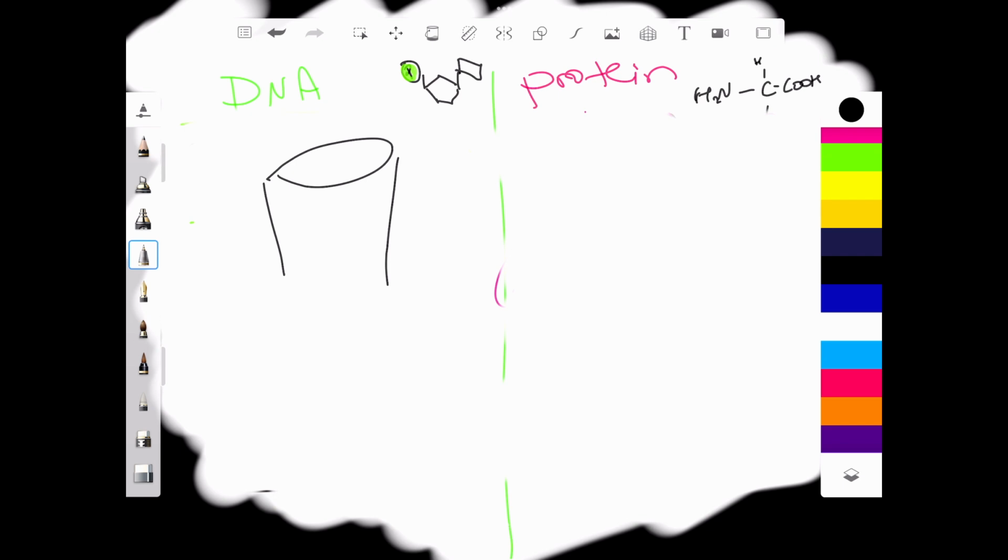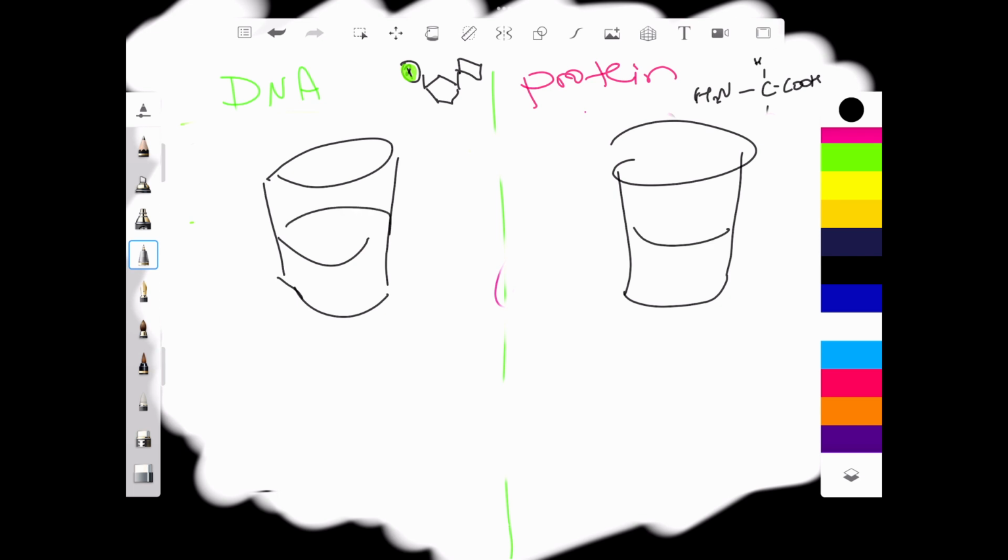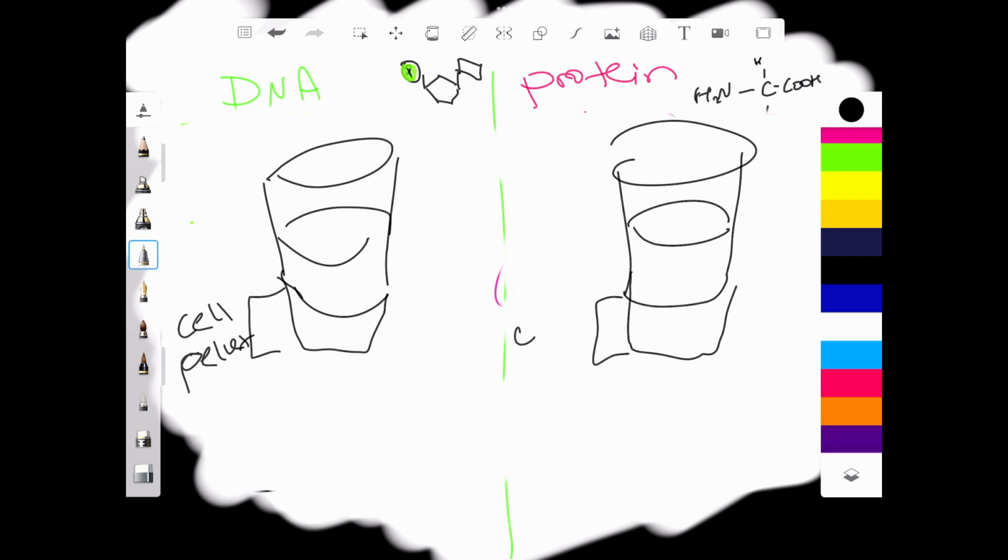And then they separated the different molecules by size and density, as we talked about in the last video. And they did this by centrifugation, and they didn't separate it too much, but they did separate out cells from non-cells. So all the cells ended up in the bottom of the tube, and this is called the cell pellet. This happened in both the DNA-labeled experiment and the protein-labeled experiment.